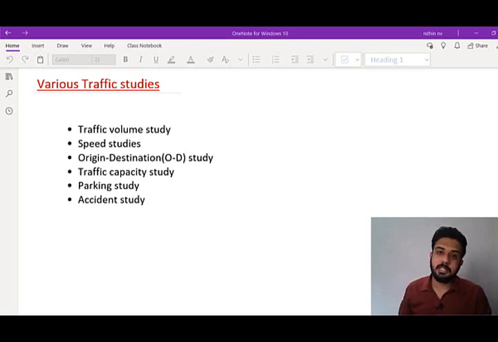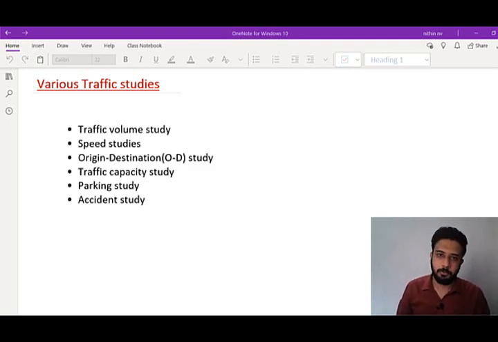Then comes the accident study. Accident study means in case some accident is happening, definitely we have to make a report on that particular accident. Okay, how the accident has happened, whether it is a fatal accident or a minor accident, whether anything happened to any human beings, or if it is just a collision between objects only.